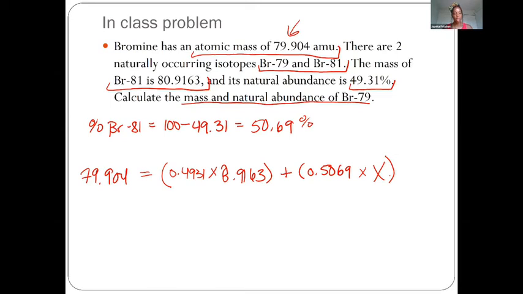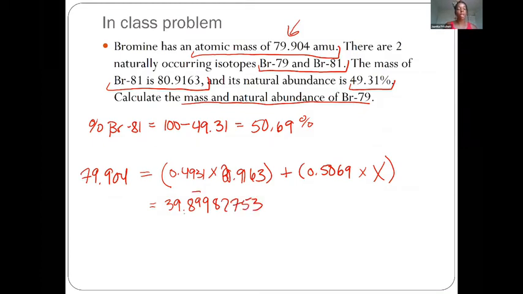So 0.4931 times, and that should be 80, we're missing the 80, times 80.9163, and that gives us 39.89982753.